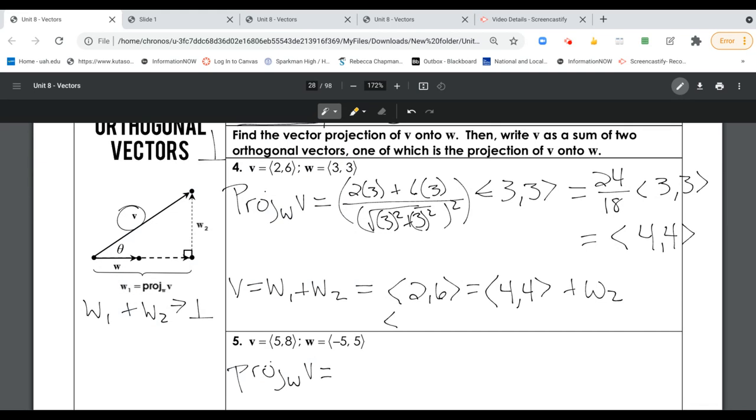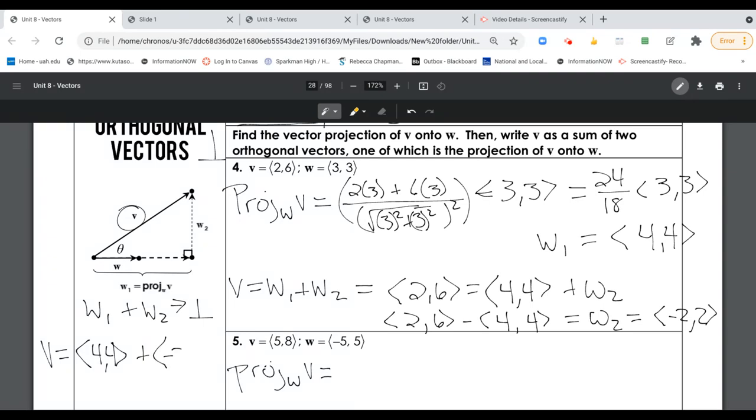So what I can do is subtract 4, and that will give me my vector 2. When I do this, that was actually vector 1. I apologize, I think I told y'all wrong on the previous one, so go back and fix those. When you do this, your vector 2 ends up being negative 2. So when I write this as the sum, vector v is the sum of 4 plus negative 2.